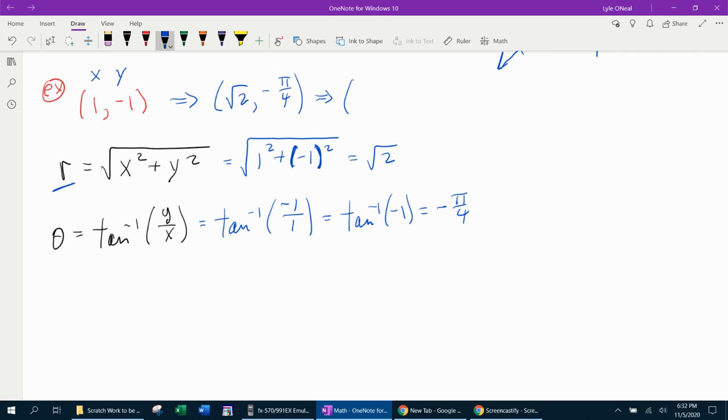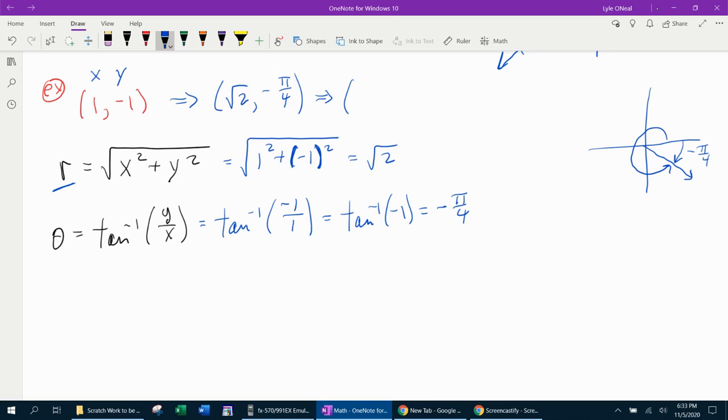Well, we know that negative angles go clockwise, and negative pi over 4 would be 45 degrees into quadrant 4. So what would be the positive equivalent to that?